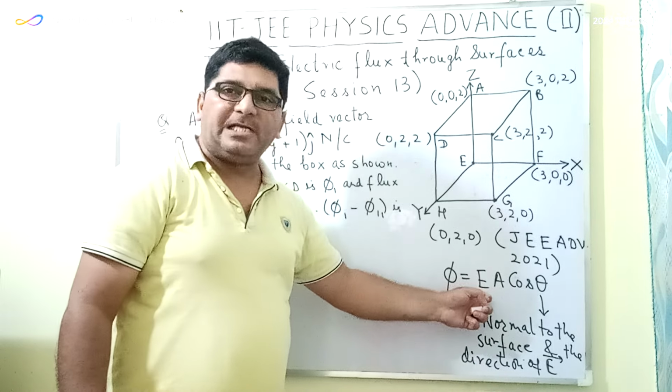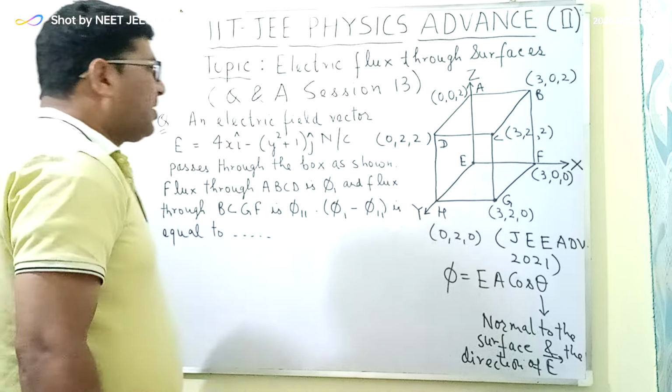E is the intensity of the electric field and A is the area of cross section.